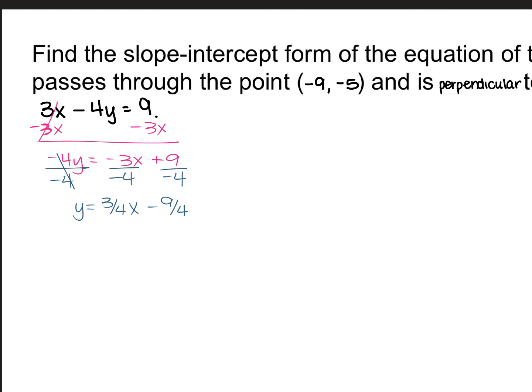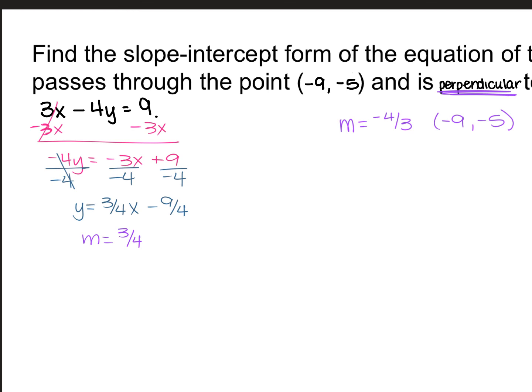The slope from this is what? 3/4. If we are finding the line that is perpendicular, that means we're flipping the fraction and changing the sign on it. So the slope that we're going to use for the perpendicular line is going to be what? Negative 4/3. The ordered pair that we use for the new line that's perpendicular is -9, -5.